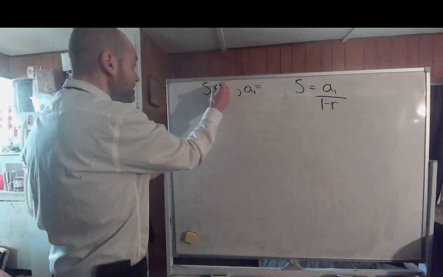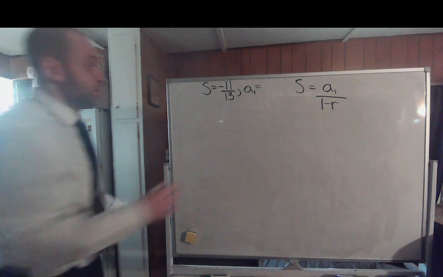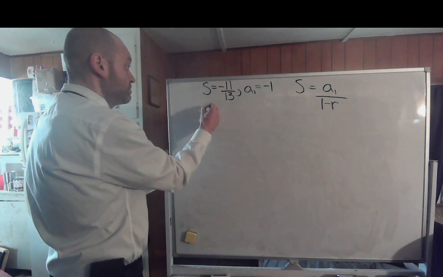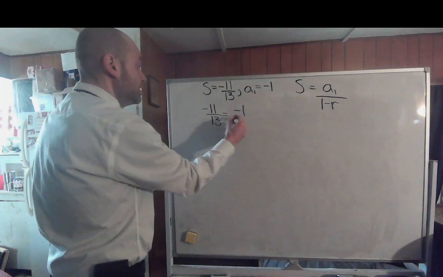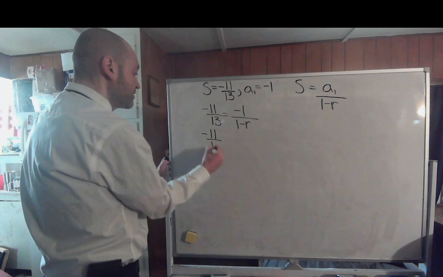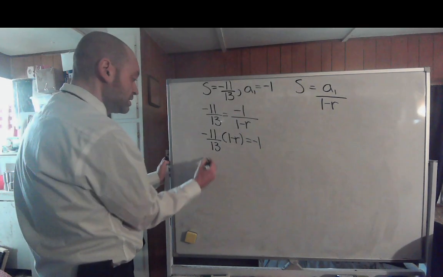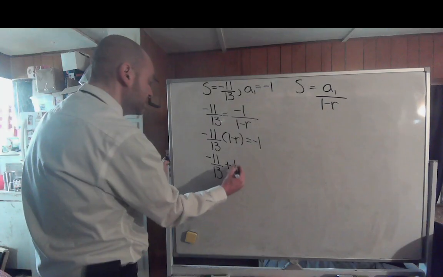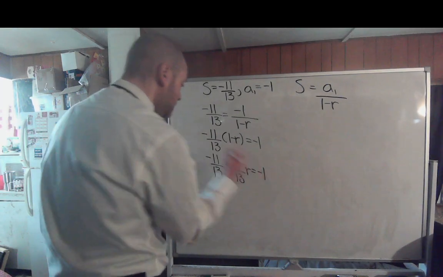Alright, the sum of this series is -11/13. Your first term is -1. So let's find the common ratio. So -11/13 equals -1 over 1 minus r. So this will turn into -11/13 times 1 minus r equals -1. So -11/13 plus 11/13 r would equal -1.